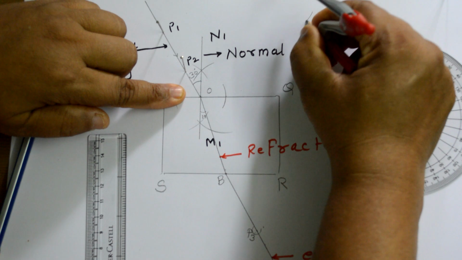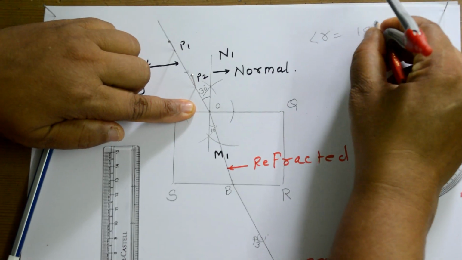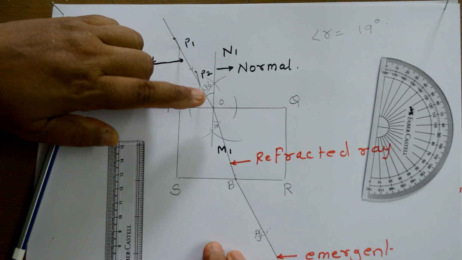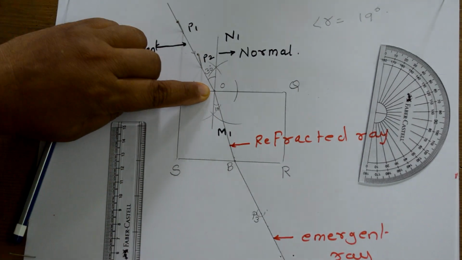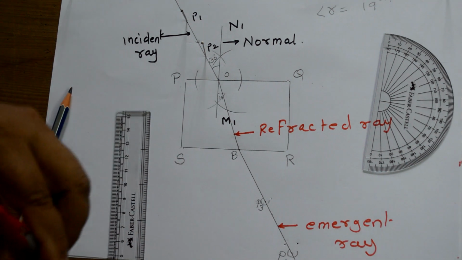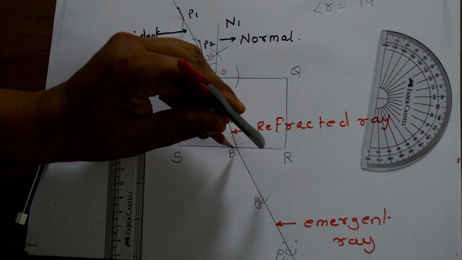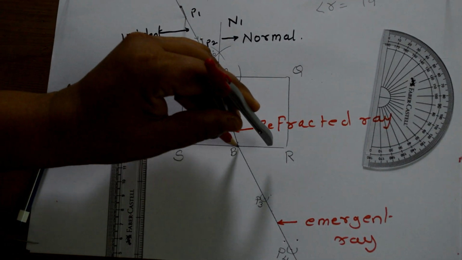R is equal to angle of refraction, 19 degree. Now the way I have drawn here normal, same way I will draw normal at the point B.